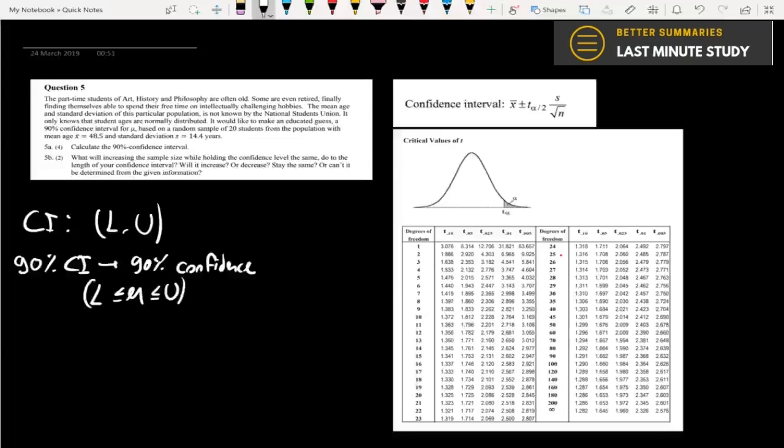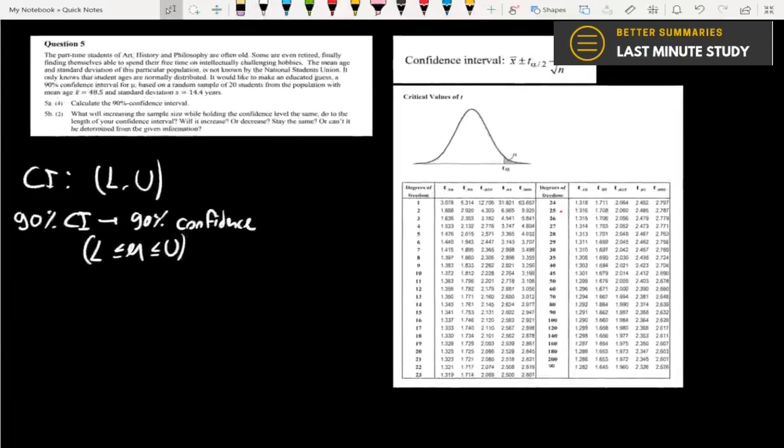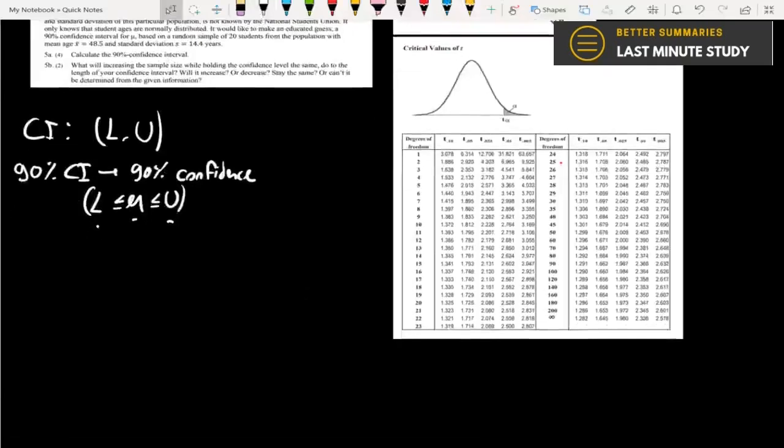So if we keep constructing confidence intervals, then in 90% of the cases mu is going to be in between the lower limit and upper limit. What we're asked to do is find this lower and upper limit, because that's what defines our confidence interval. So let's do that.